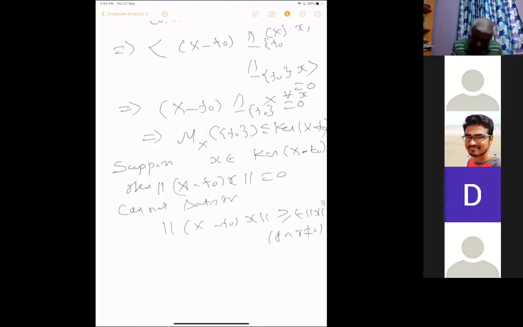Okay. So this implies x is in the range of E of (T naught minus epsilon, T naught plus epsilon). So the statement is for R, the interval removed from epsilon, T naught.